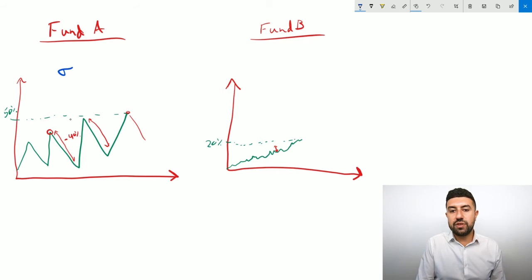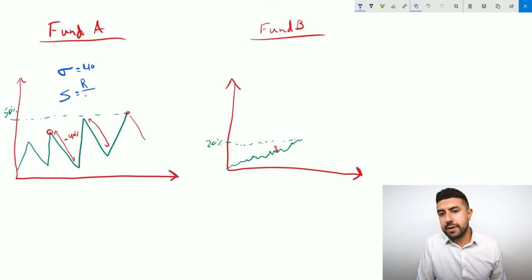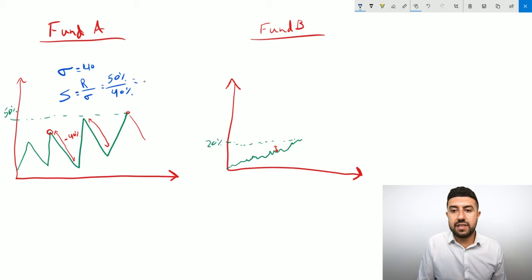So imagine that the standard deviation in this fund, when we compute it, gives us something like, let's say 40%. So the Sharpe ratio is going to be calculated by looking at the return divided by the standard deviation. So if this one gave us 50% return, but the standard deviation of the returns is 40%, then it gives us a Sharpe ratio of 1.25.